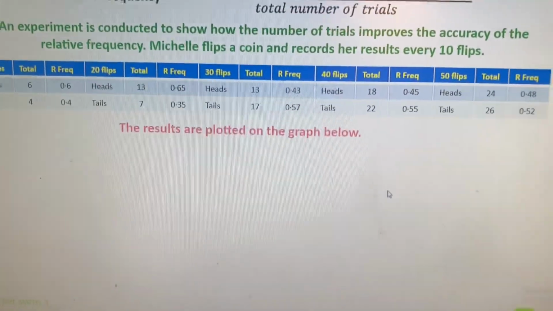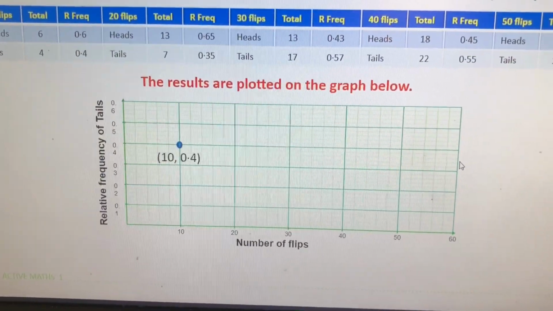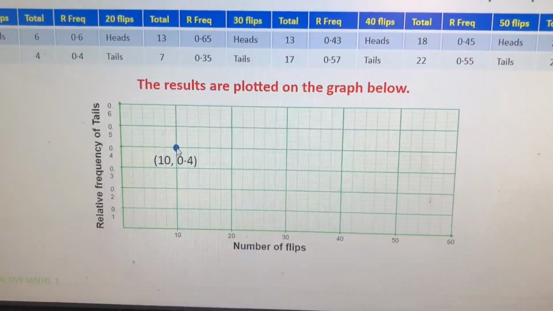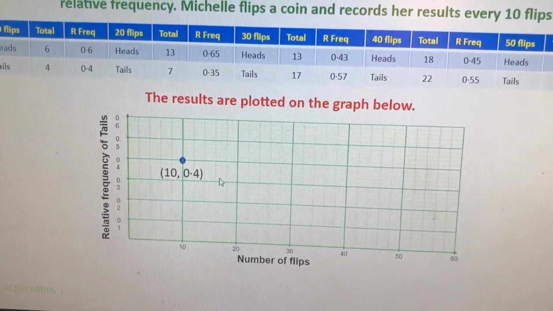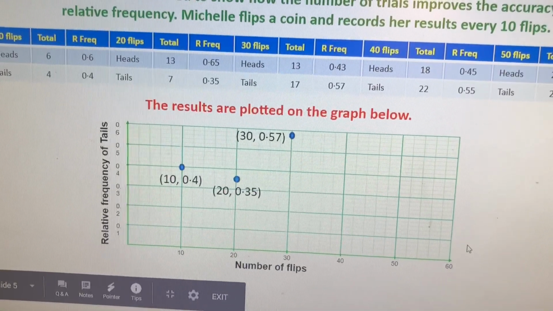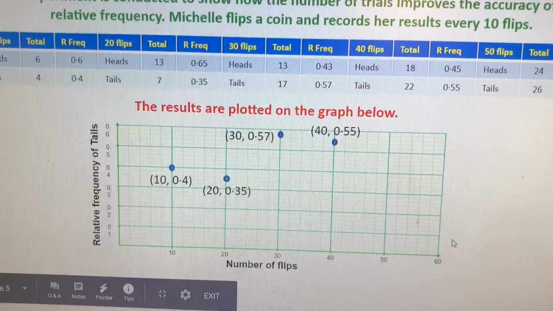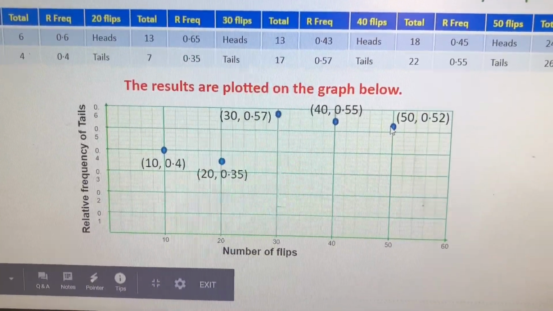Let's have a look at plotting those results on a graph. Well, when she did 10, we got an estimated probability, a relative frequency of 0.4, 20, 0.35, 30, 0.57, and this is just looking at tails at one of them, and then at 50, 0.52.